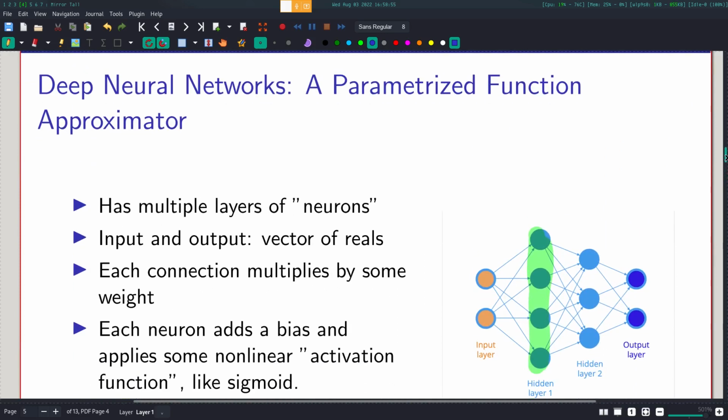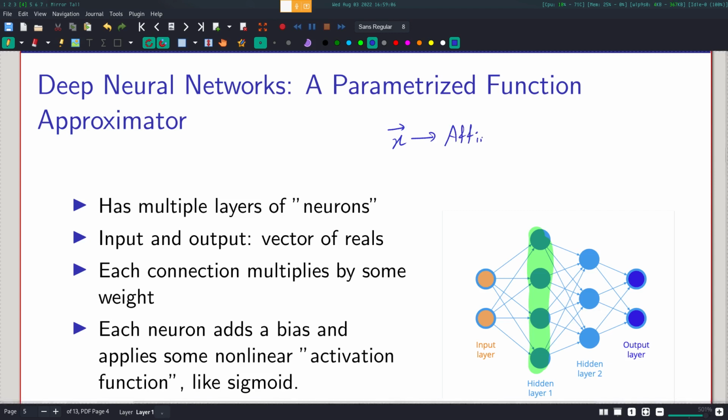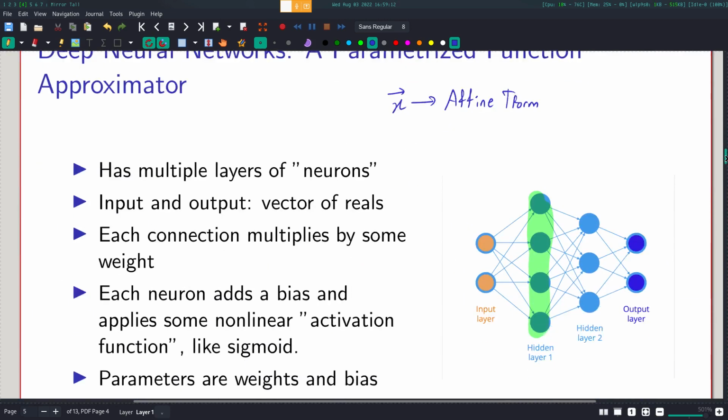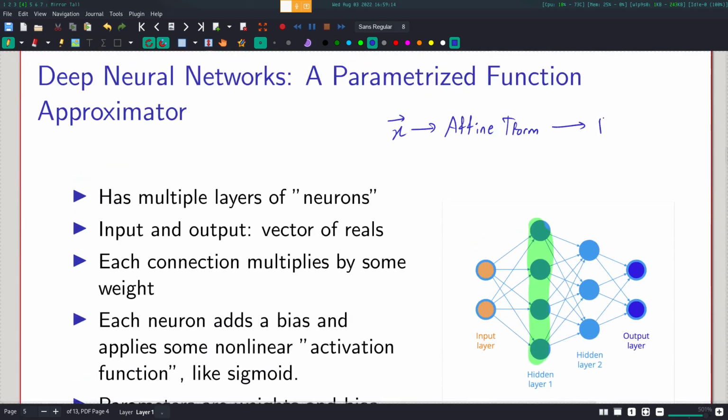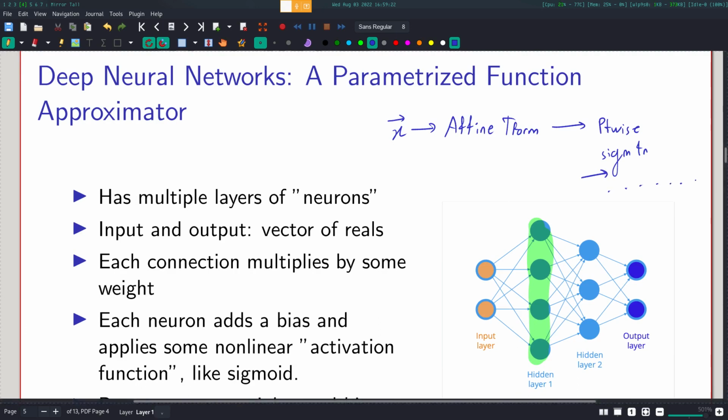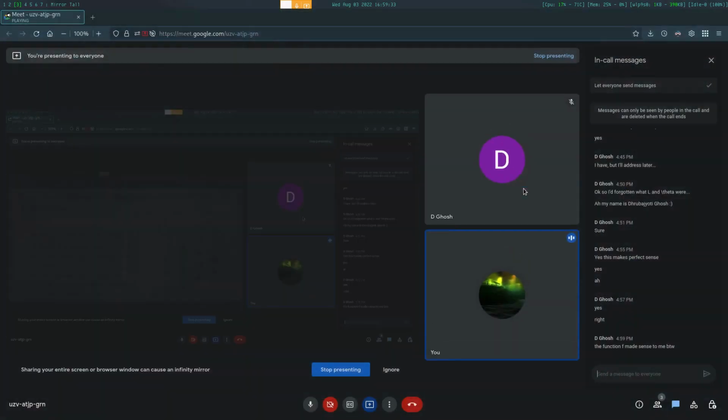Another very simple way of looking at it, if this is not helpful then ignore it: it's taking some x vector and applying some affine transform on it. Because what you're doing is just a weighted sum and then adding some bias, right? And then you're applying some pointwise sigmoid function, right? And then you're repeating this pattern several times. This affine transform is going to have some matrix and vector, and these are your parameters, right? So these are your theta. Does that make sense?